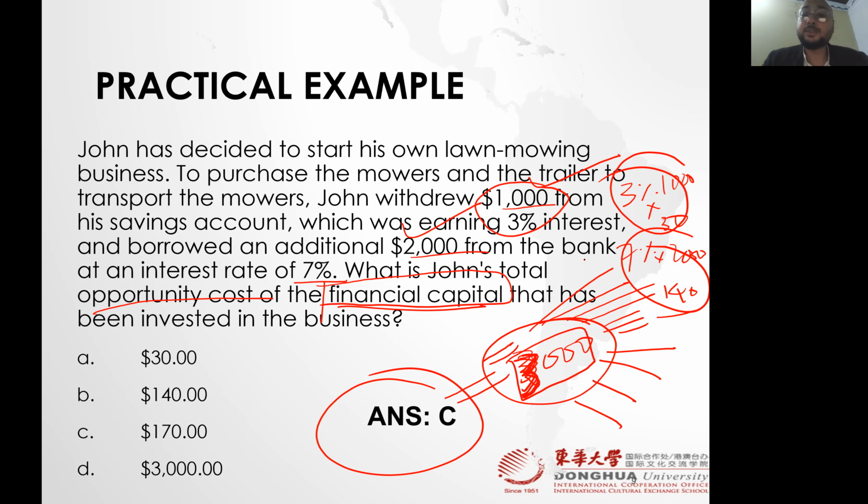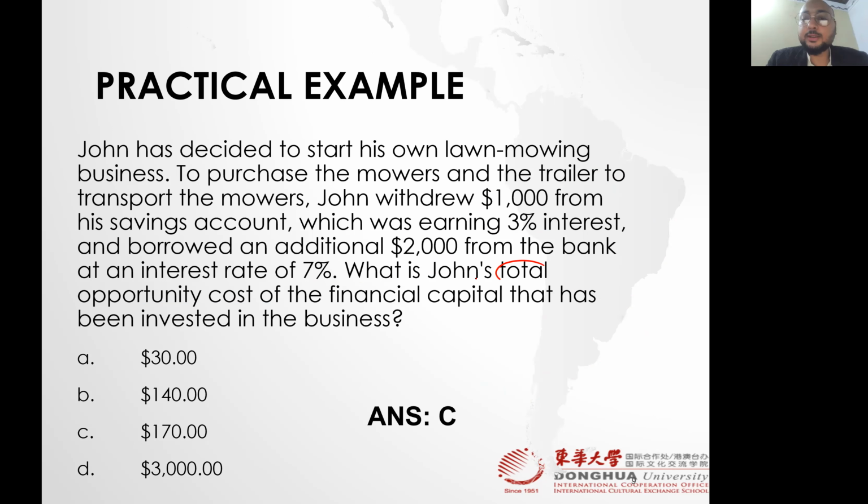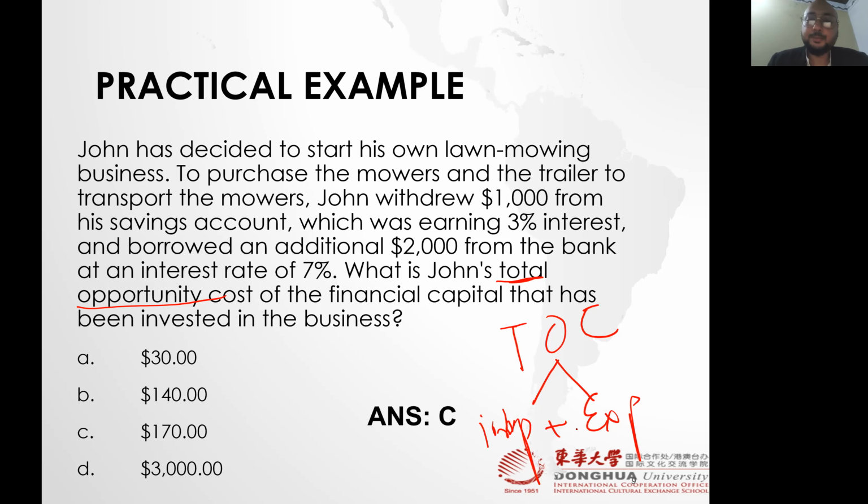If the question only says what is John's opportunity cost, we are talking about implicit cost. When the question says total opportunity cost, TOC, it means implicit cost plus explicit cost. All right?